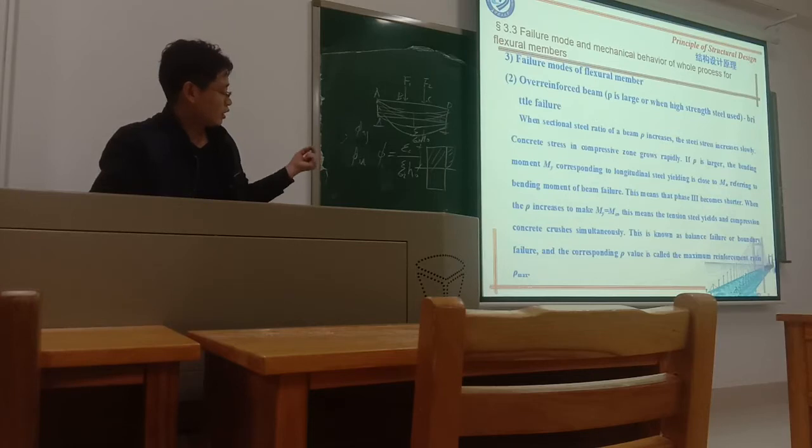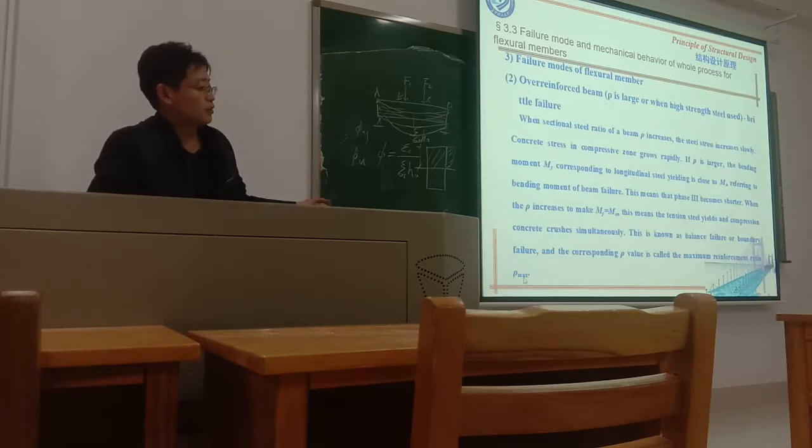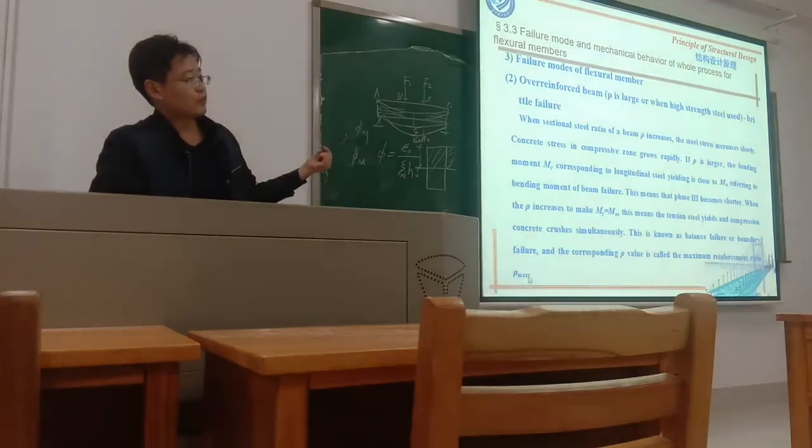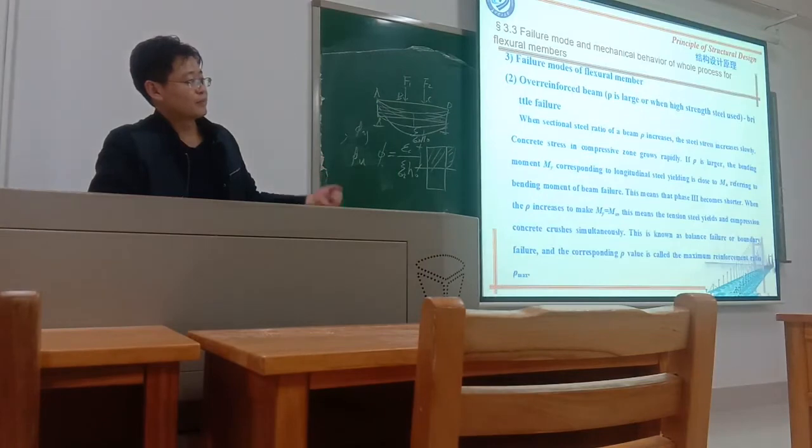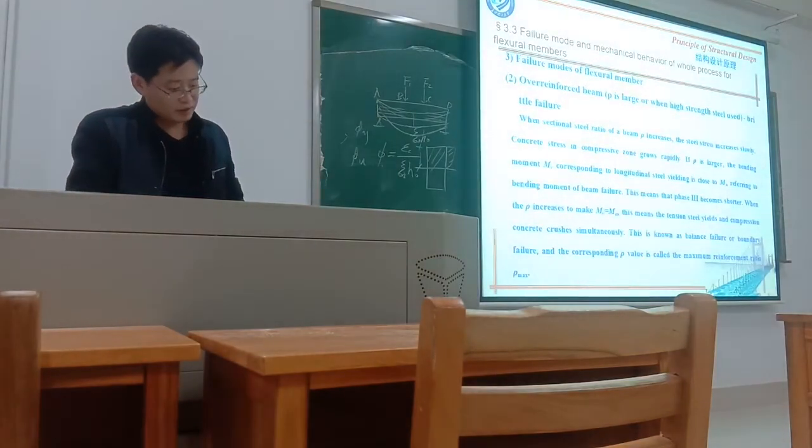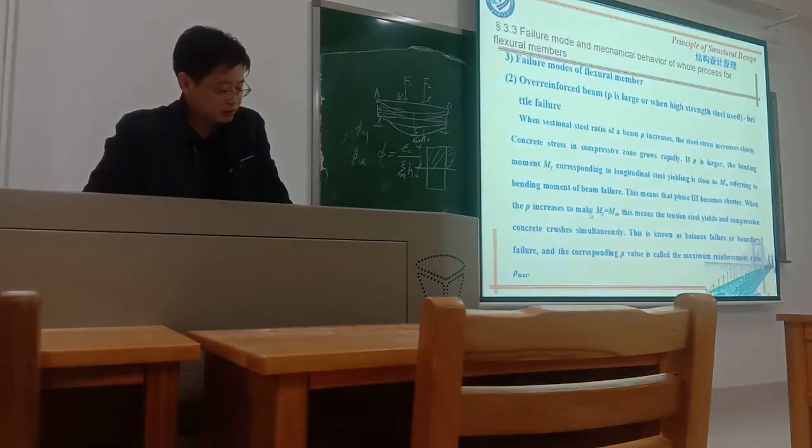In other words, the reinforcement ratio cannot be larger than this value. Once it is larger than this value, it means it's an over reinforced beam. That's the meaning of this sentence.